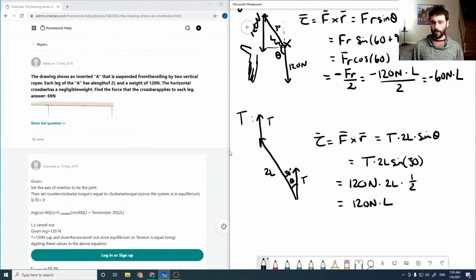Okay, so then there's all of our torque values.